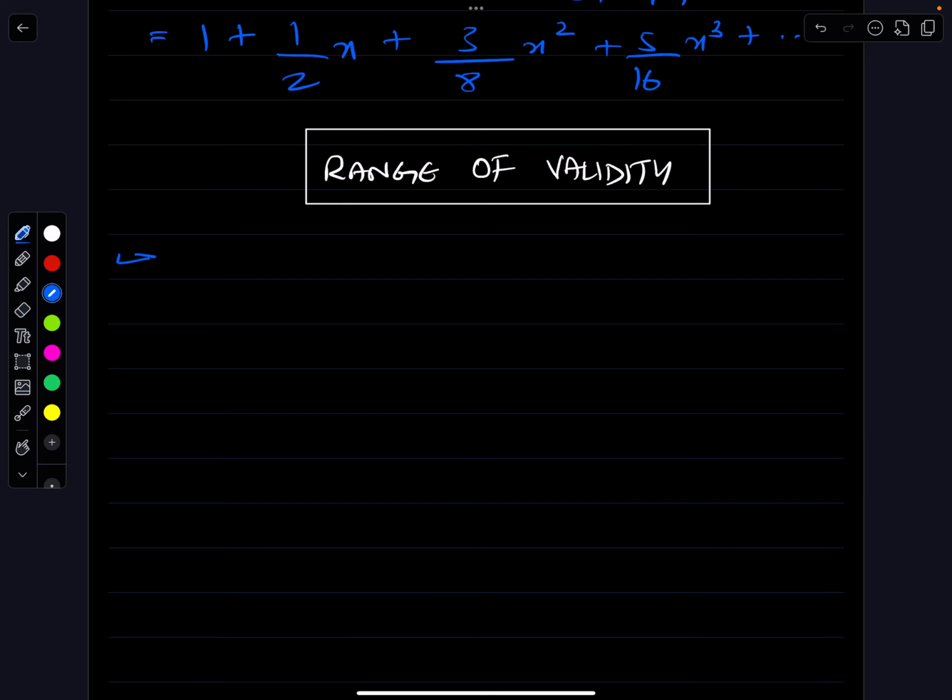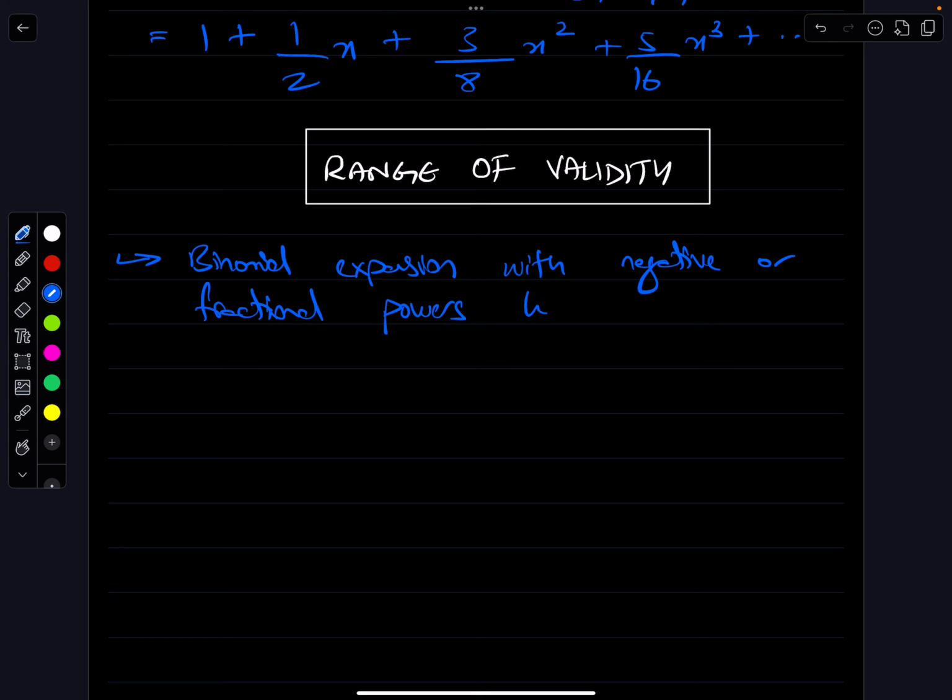We learned earlier that binomial expansions with negative or fractional powers have an infinite number of terms, and thus we need to consider range of validity.